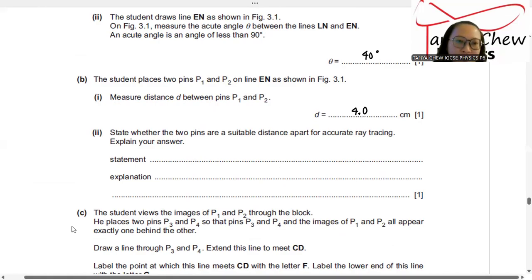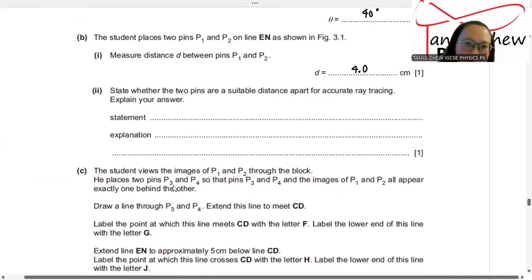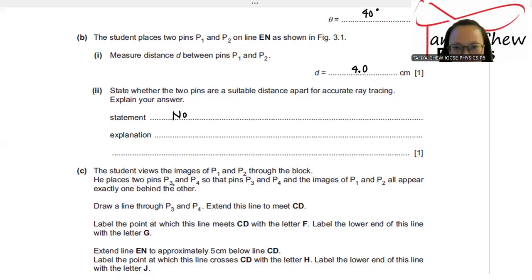The second part, state whether the two pins are a suitable distance apart for accurate ray tracing. Explain your answer. I would say no, it's not a suitable distance because due to the thickness of the pin, right, the minimum distance must be 5 cm and above.